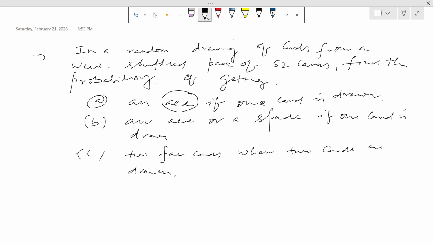Then fourth one is at least one queen when three cards are drawn. Okay.